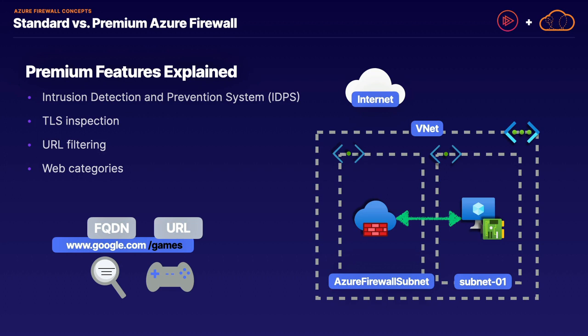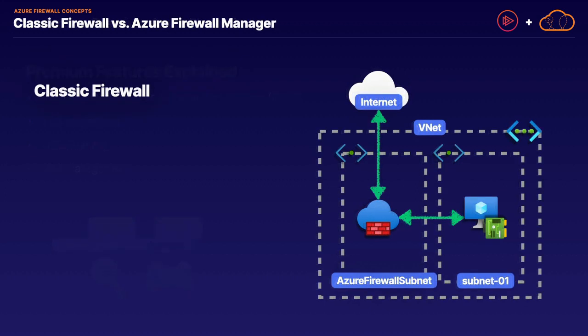Now that we understand some of those premium features, let's talk about the different ways that we can manage our Azure Firewall. Now, the initial rendition of Azure Firewall, now known as Classic Azure Firewall, used a classic rule management style of actually managing those rules on the firewall resource. So we would go to the firewall resource to manage those rules.